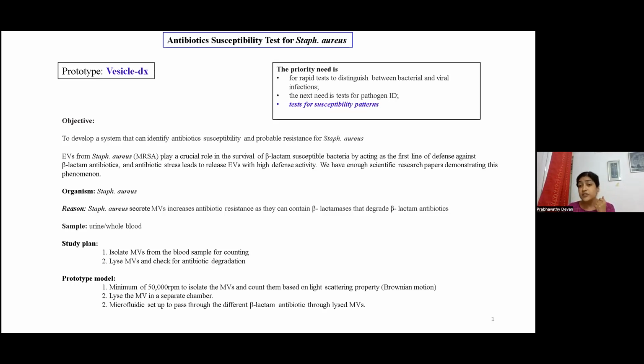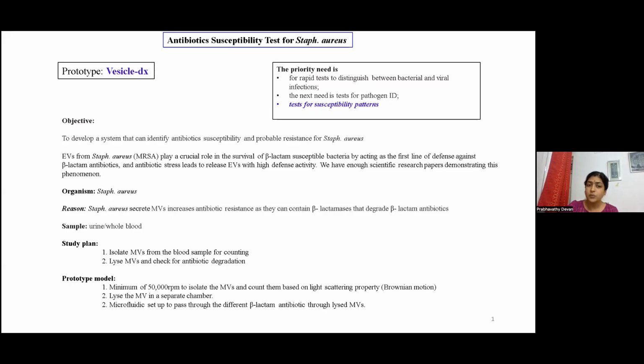That is very important, and we can use it in an application to understand susceptibility to certain classes of antibiotics. Here it is beta-lactam antibiotics. The organism is Staph aureus, and the reason is that a lot of the literature mentions that they secrete MVs carrying beta-lactamases, which degrade the antibiotics.